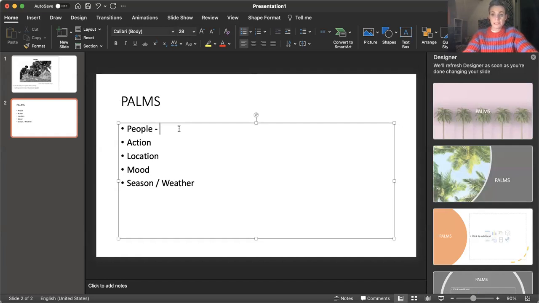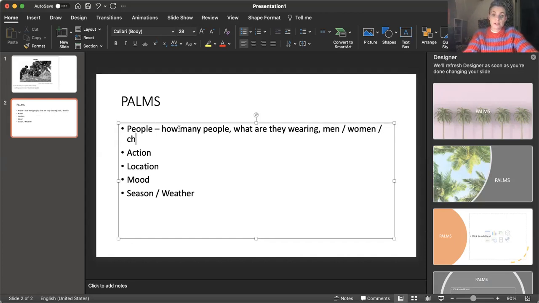When we talk about people, it's how many people, that's a really easy way. How many people, and how they look effectively. So what are they wearing? Men, women, children, family, etc.